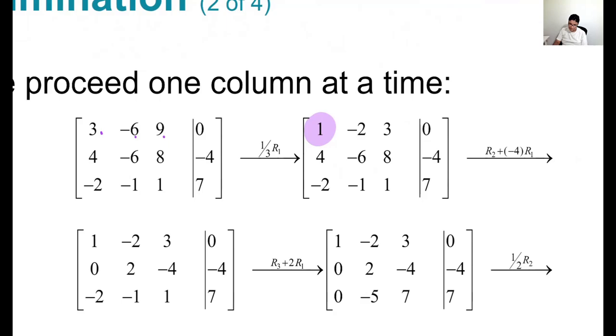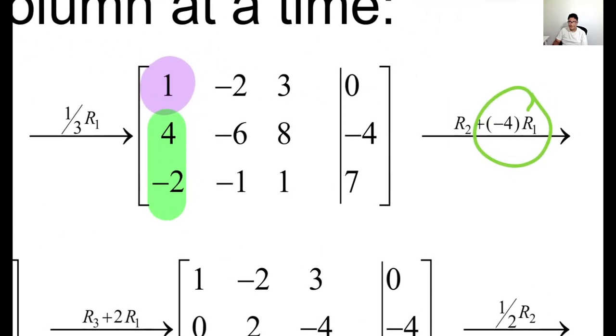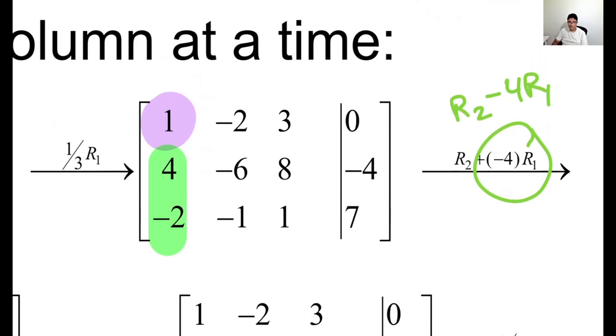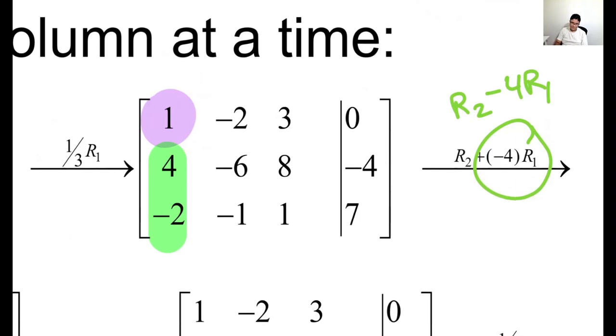Next goal is to make these two elements 0. So one by one, first you add -4 times, or basically you're subtracting, right? I think it's easier to see it that way. You subtract 4 times the first row from the second row, because you have 4 here and you have 1 here.